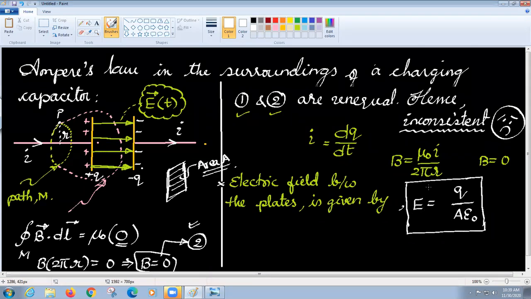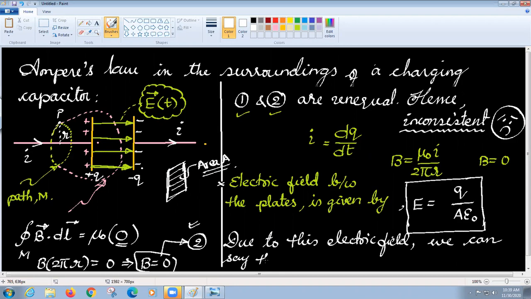Now what is required? Now we can say like this, due to this electric field, the important one is this, we can say that electric flux is passing through the surface.